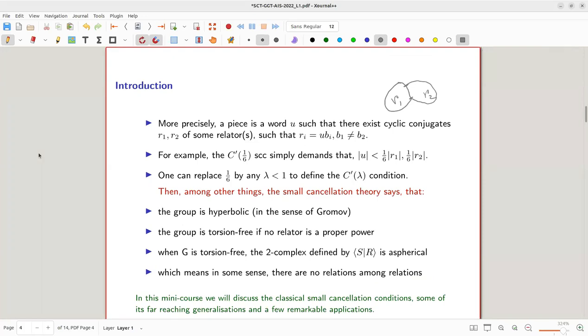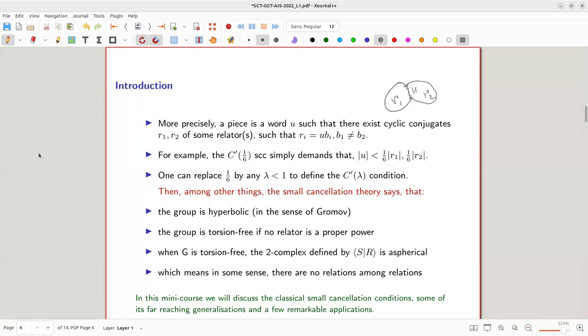These relators are not necessarily distinct. They can be the same relator, but different cyclic permutations of the same relator. In that case, we will call this common segment, the subword, a piece.